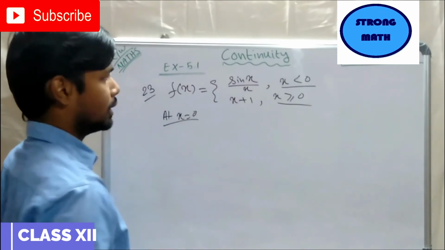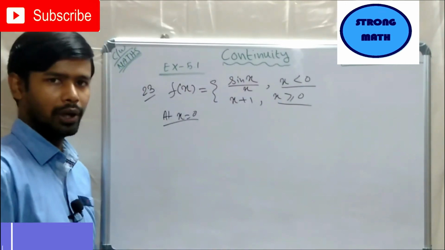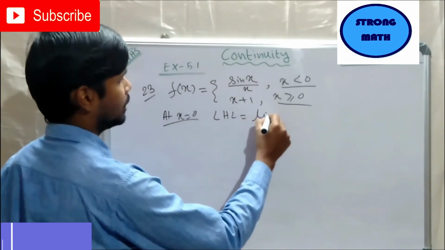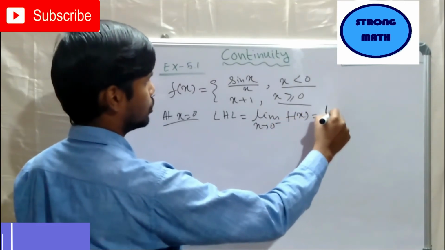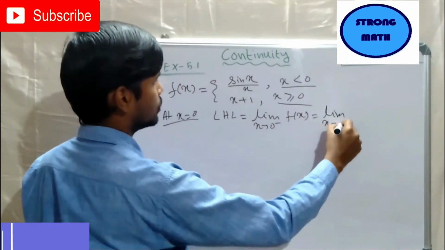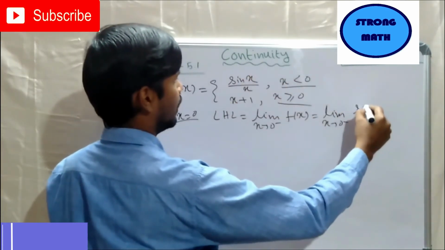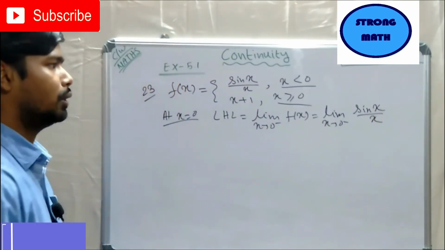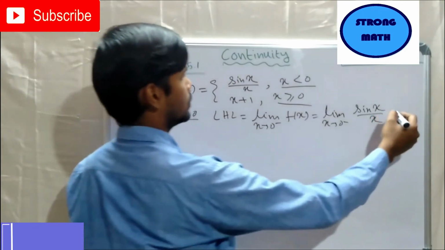We have to find the right hand limit as well as the left hand limit, because the function is a piecewise function. Left hand limit equals limit x tends to 0 minus of f(x), which is sin x by x. Remember the formula: limit x tends to 0 of sin x by x is 1, so this equals 1.